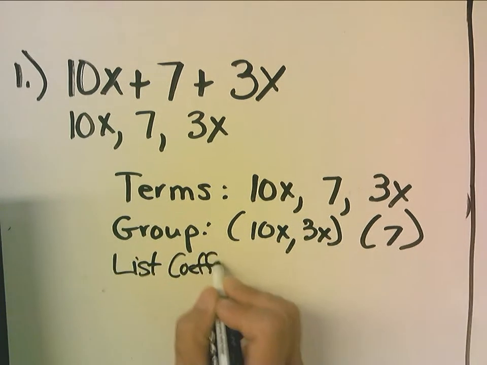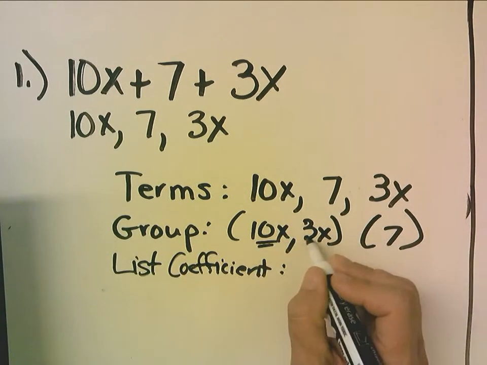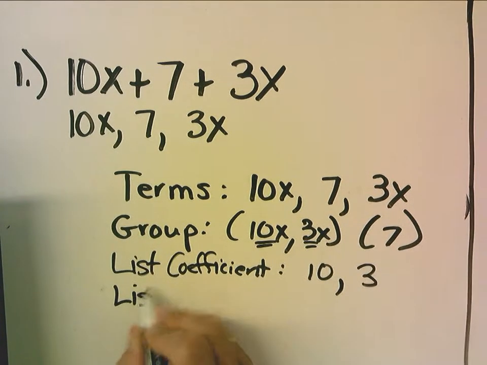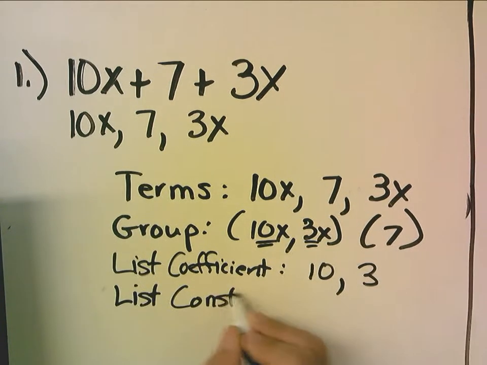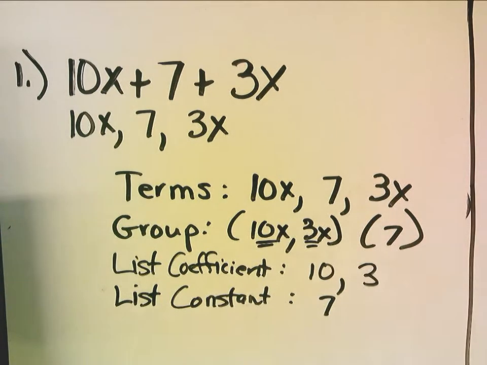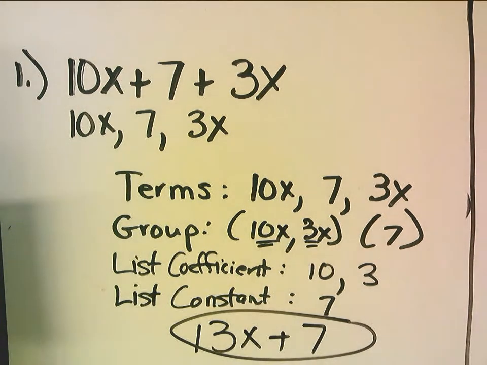Well, a coefficient is a number that multiplies the variable. So this multiplies a variable and that multiplies a variable. So I have 2 coefficients, 10 and 3. Then it says list the constants. Well, the constant is a standalone number. I only have one constant and it's a 7. Then, if I combine my like terms, 10x plus 3x is 13x plus 7. So that was a very simple one to combine like terms.